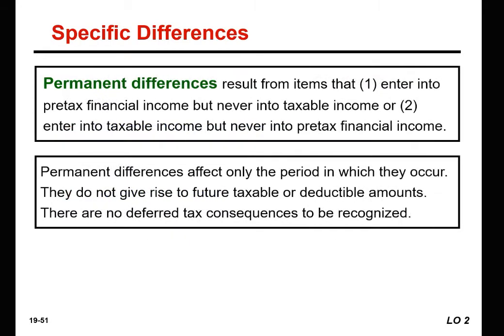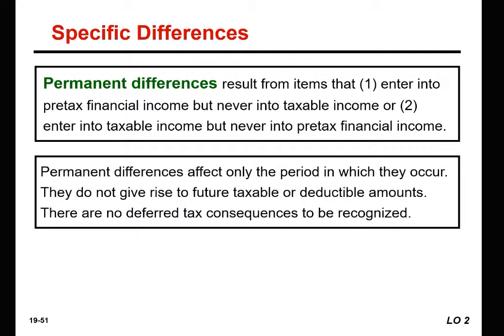Permanent differences happen when items are entered into the financial income but never into the taxable income, or enter into the taxable income but never into the financial income.